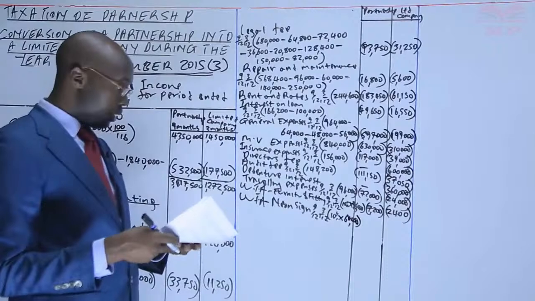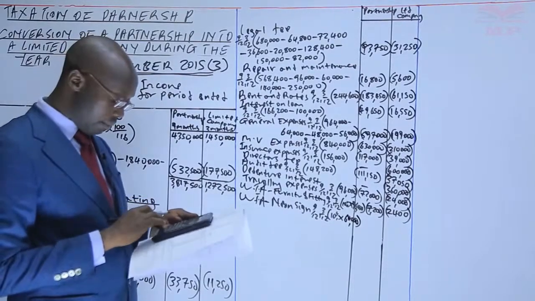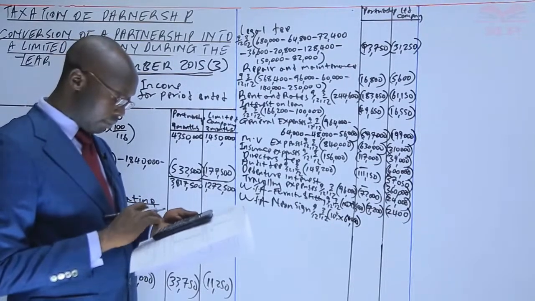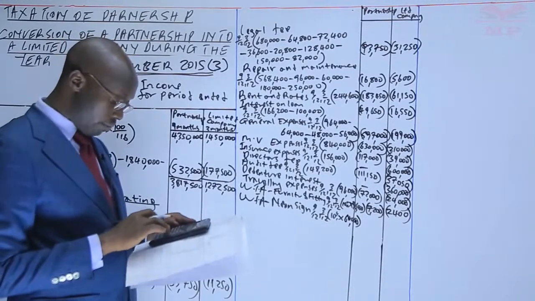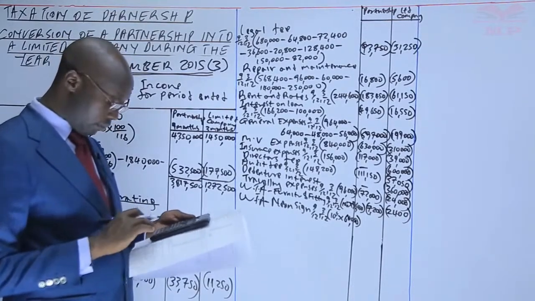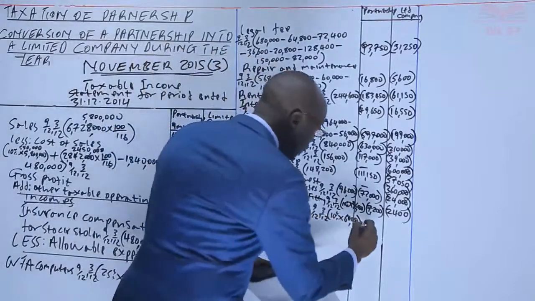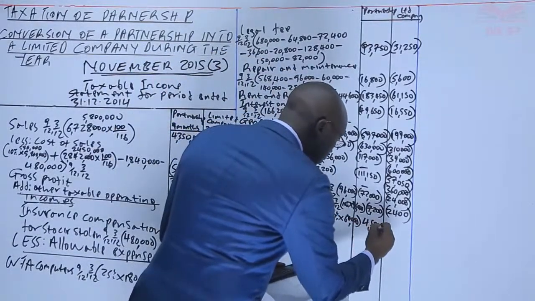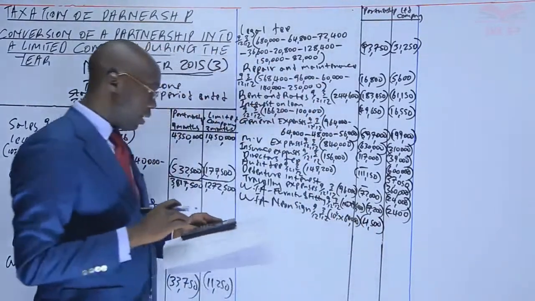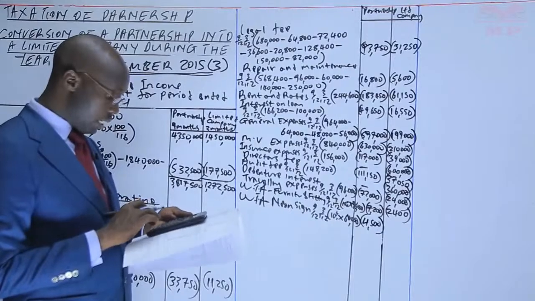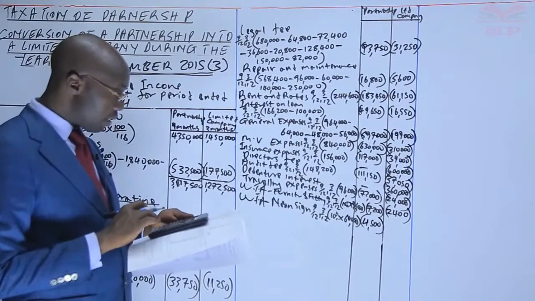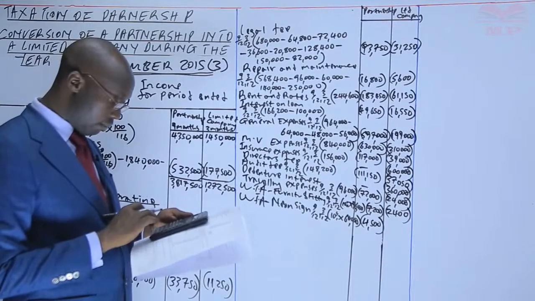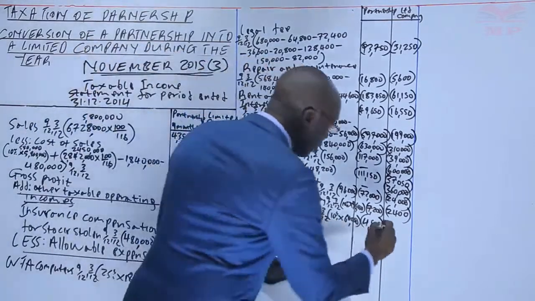So we take 10% of 60. That is 6,000 times 9 over 12. That gives us 45. The other one is the same. 3 over 12 times 6,000, 1,500.